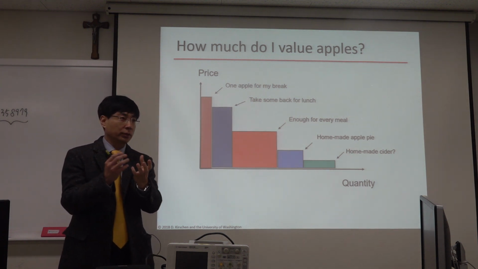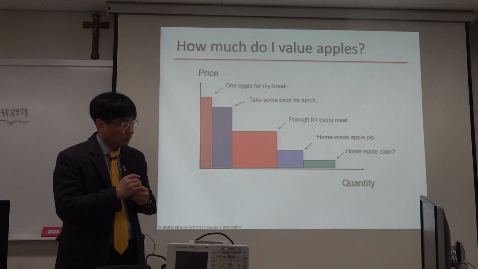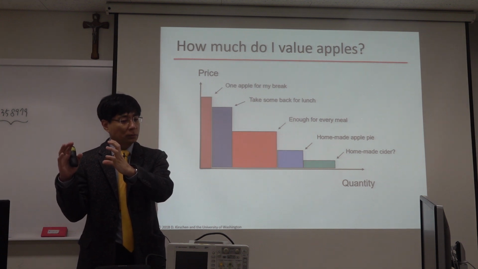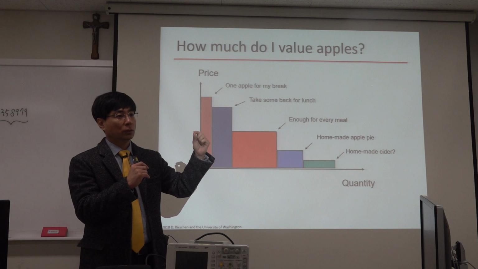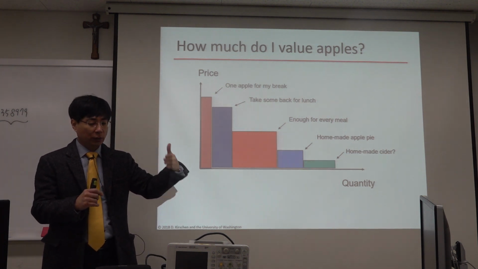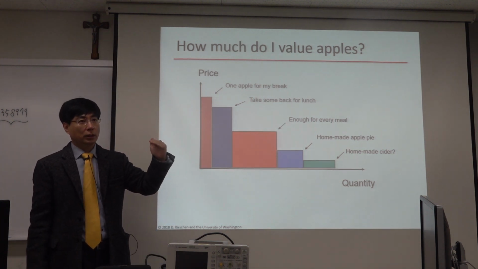That's the meaning of marginal utility. So a rational customer purchases a good up to the point where the marginal utility is equal to the price. Okay? The rational consumers increase the quantity until the marginal utility equals the price.